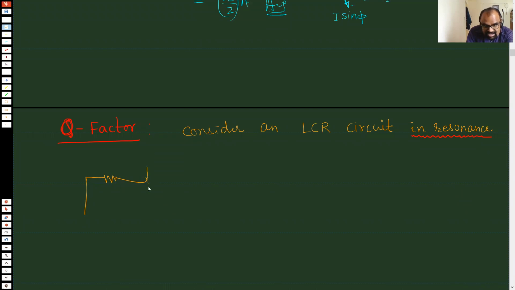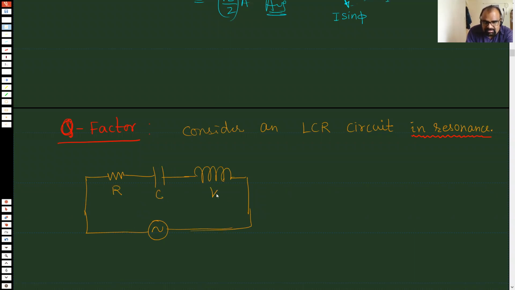So here is R, C, L connected to the AC source. It is in resonance. Current I is there.